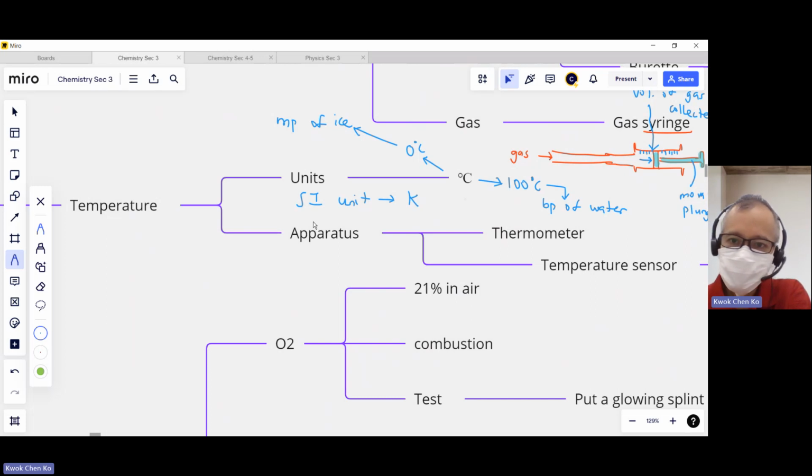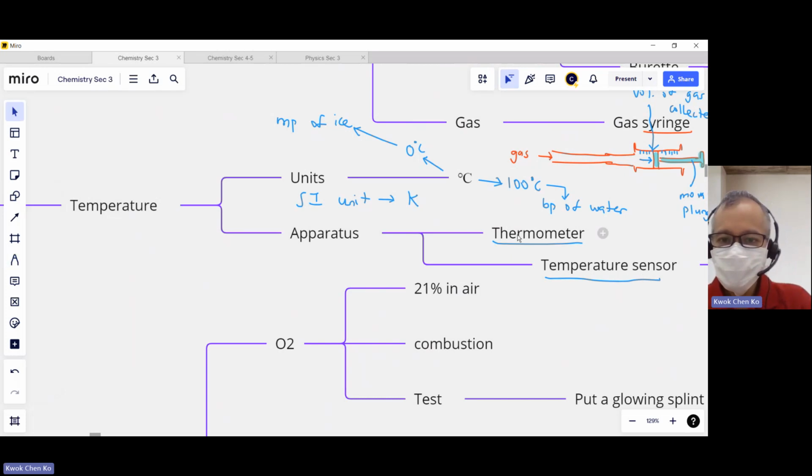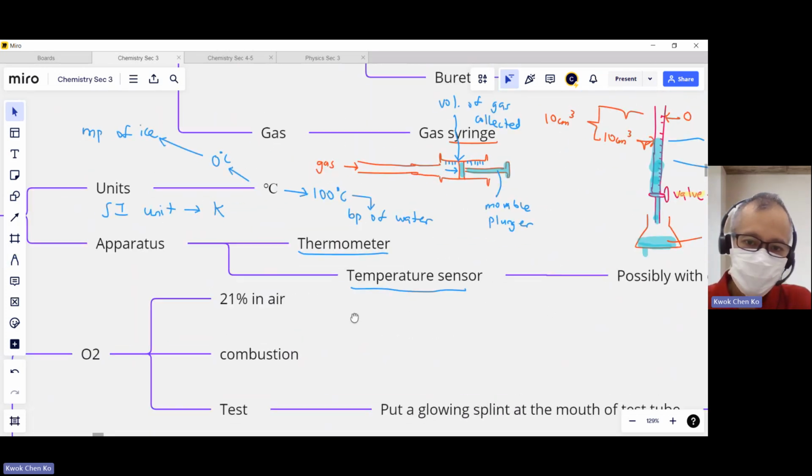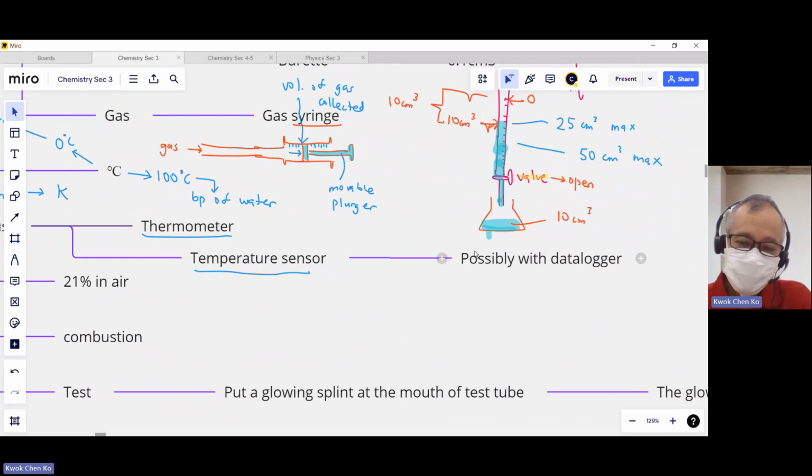Well, how do we measure temperature? I think there's nothing new. You definitely know about a thermometer. But it's also quite common to be using a temperature sensor or a temperature probe. And again, it could be linked to a data logger to record the change in temperature with time.